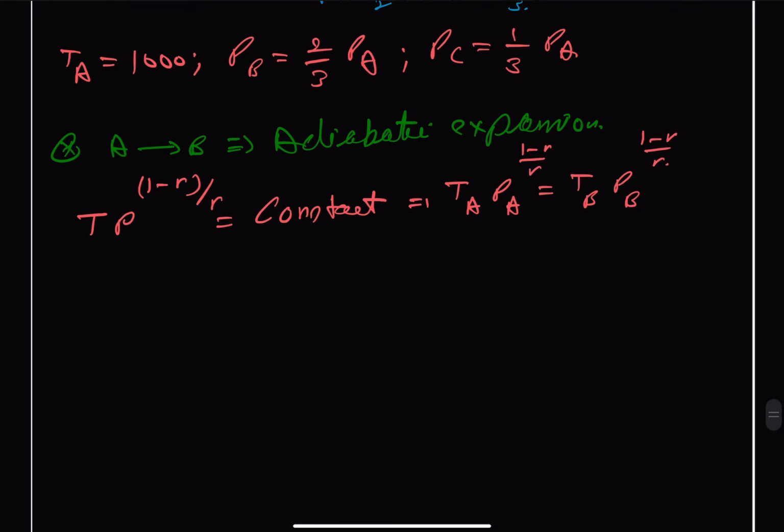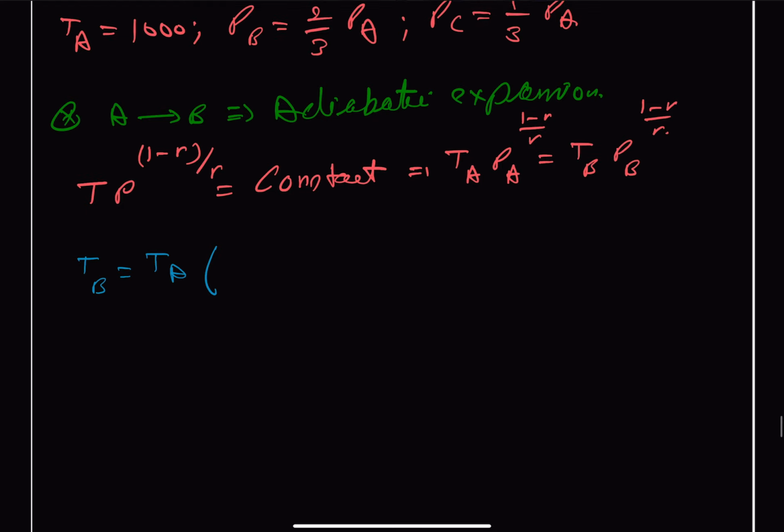So our TB is equal to TA times (PB upon PA) to the power (gamma minus 1) upon gamma.